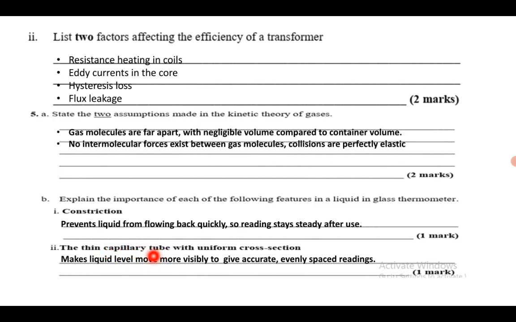Assuming that the capillary is thick, it would, for some reason, be difficult for us to take readings from it. It also makes it more sensitive for taking readings. 1 mark.